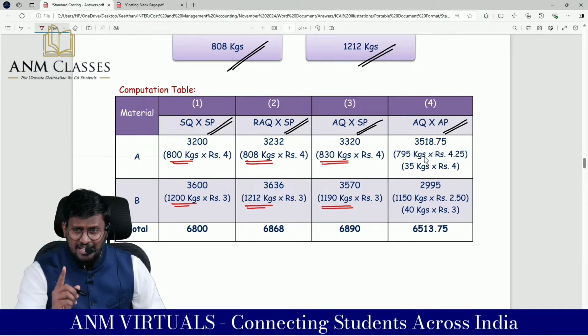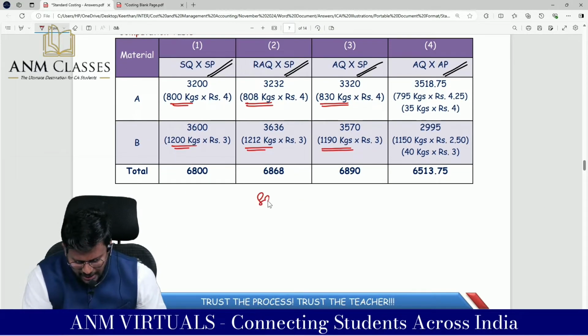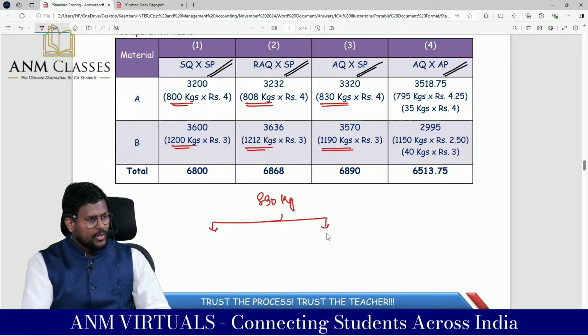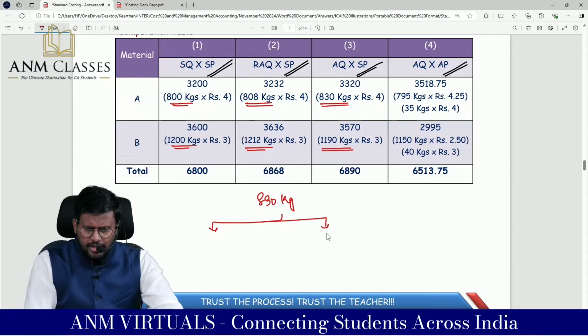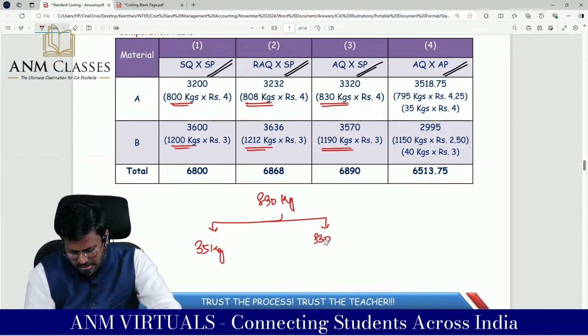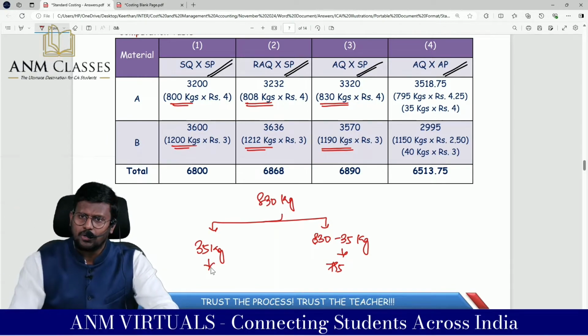Because they said that the opening stock is valued at a particular price, out of 830 kg, my dear students, it is classified into 2 categories. How much is the opening stock? 35 kg. So 830 minus 35 comes to 795. This 35 would have been consumed from the opening stock.